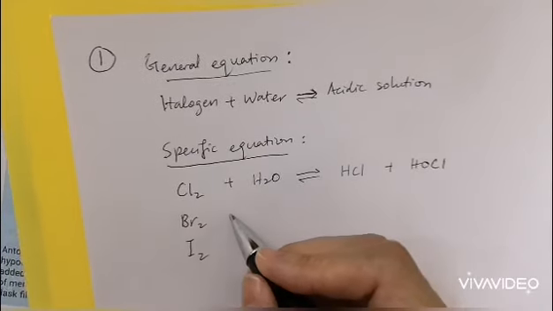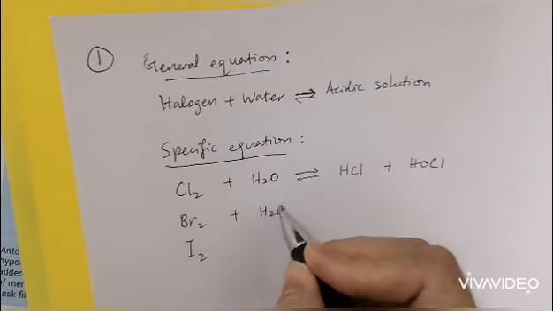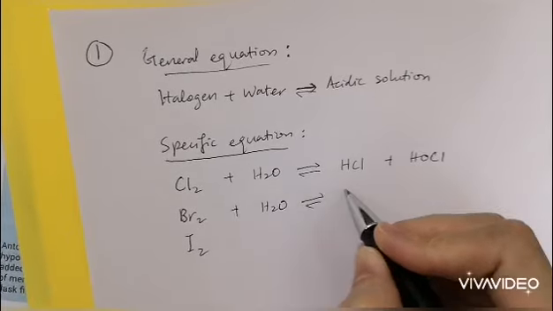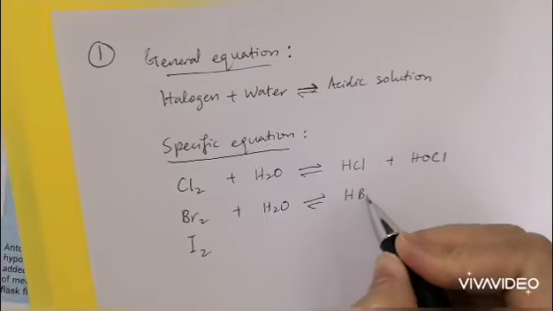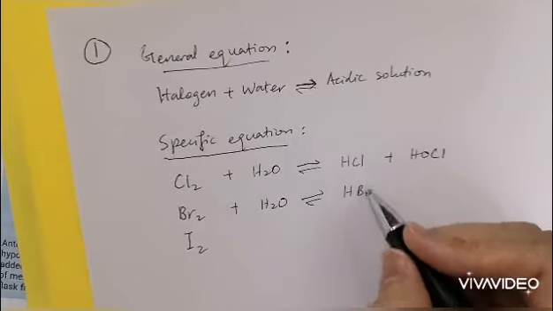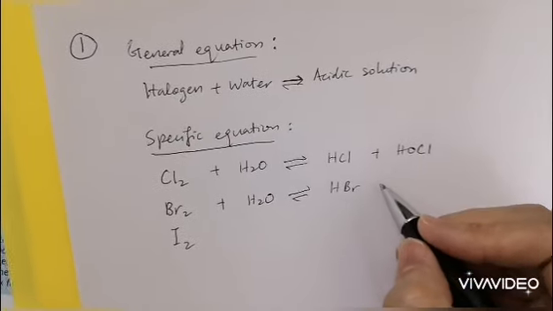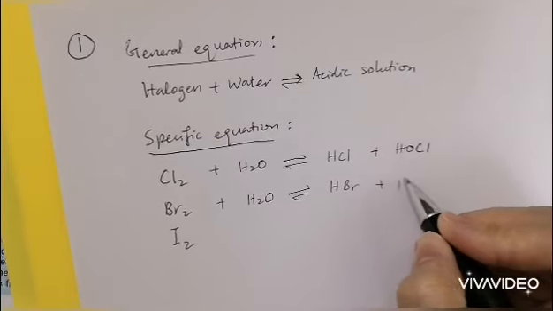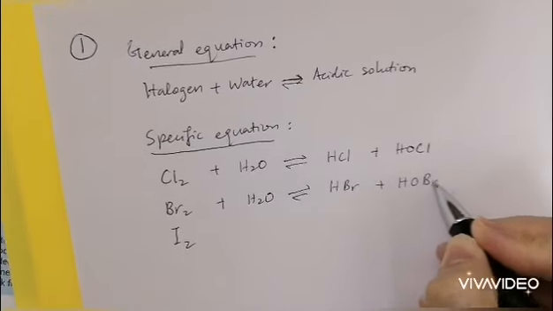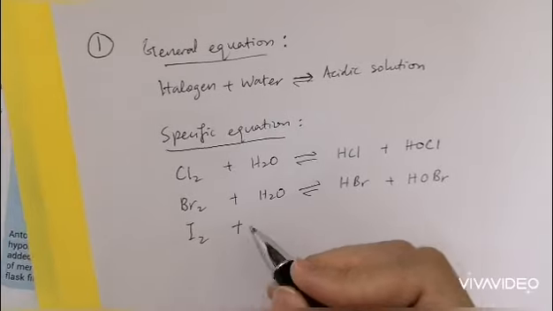Bromine reacts with water to give you HBr and HOBr. You replace the Cl with Br. They are both halogens, right? Same thing for iodine.